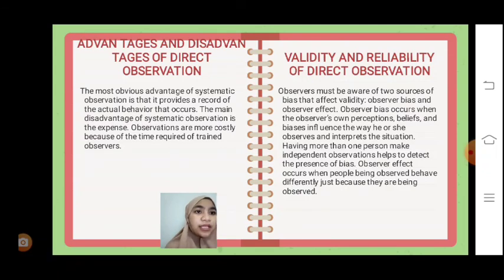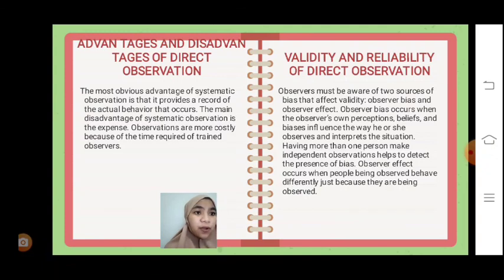Validity and reliability of direct observation. Observers must be aware of the causes of bias that affect validity: observer bias and observer effect. Observer bias occurs when the observer's own perceptions, beliefs, and biases influence the way he or she observes and interprets the situation.